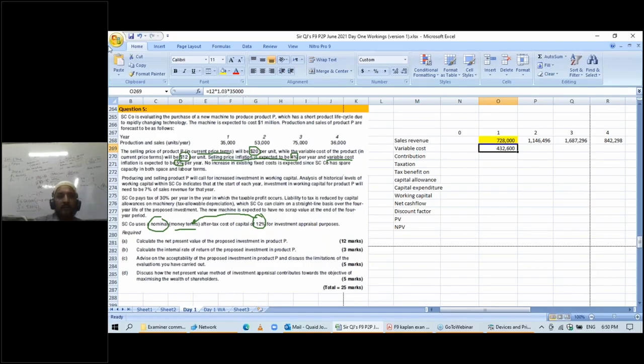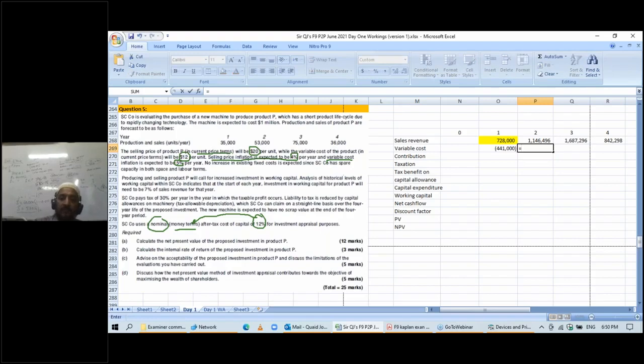Okay, the inflation rate is 5%. So 12 multiplied by 1.05 multiplied by 35,000, and this is an outflow, so we'll take it in a negative.